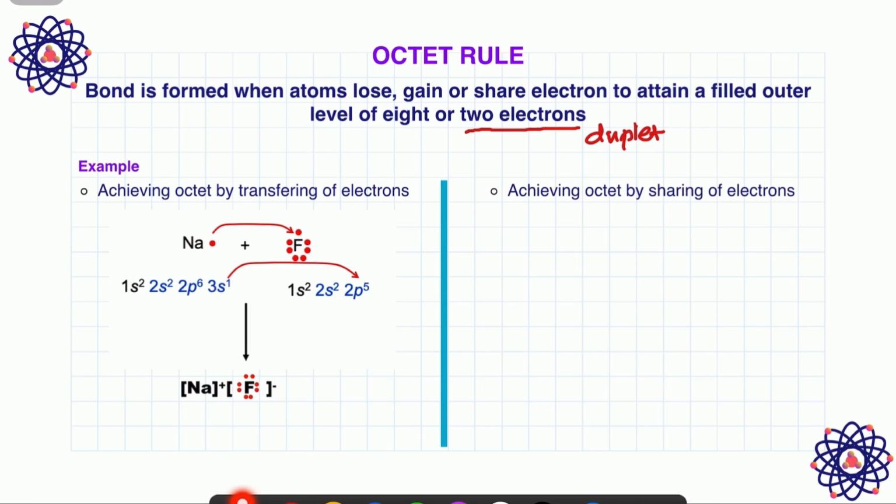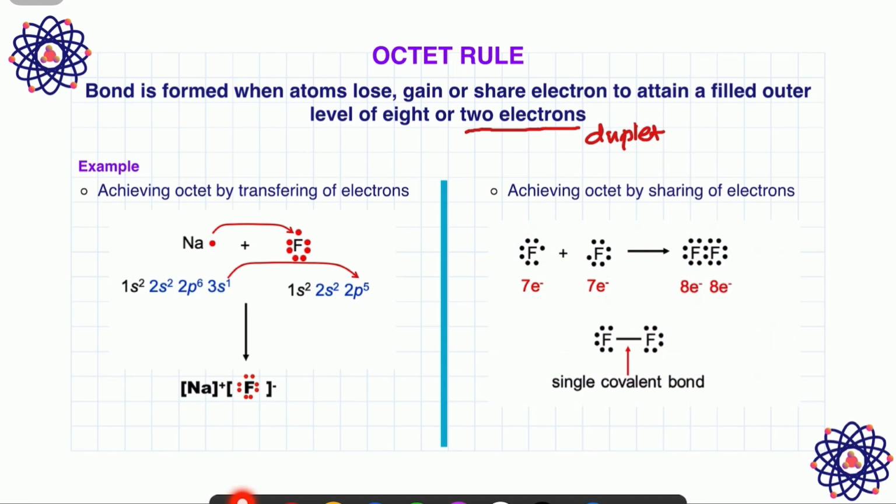Next, achieving octet can also be achieved by sharing of electrons. For the example, between non-metal and non-metal atoms, I'm using fluorine.